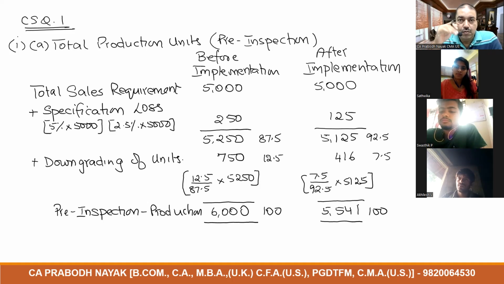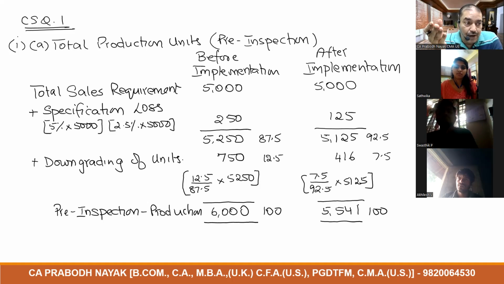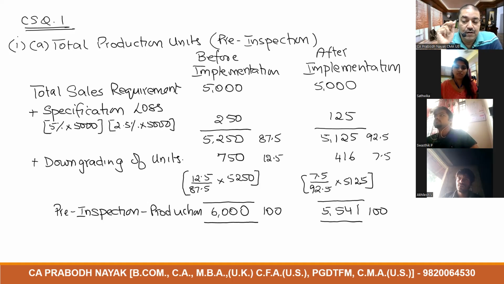Okay. Now let us go back to the story. Before implementation, I used to manufacture 6,000 units. Out of the 6,000 units, 12.5% used to be downgraded. 6,000 into 12.5% will give you 750 units.